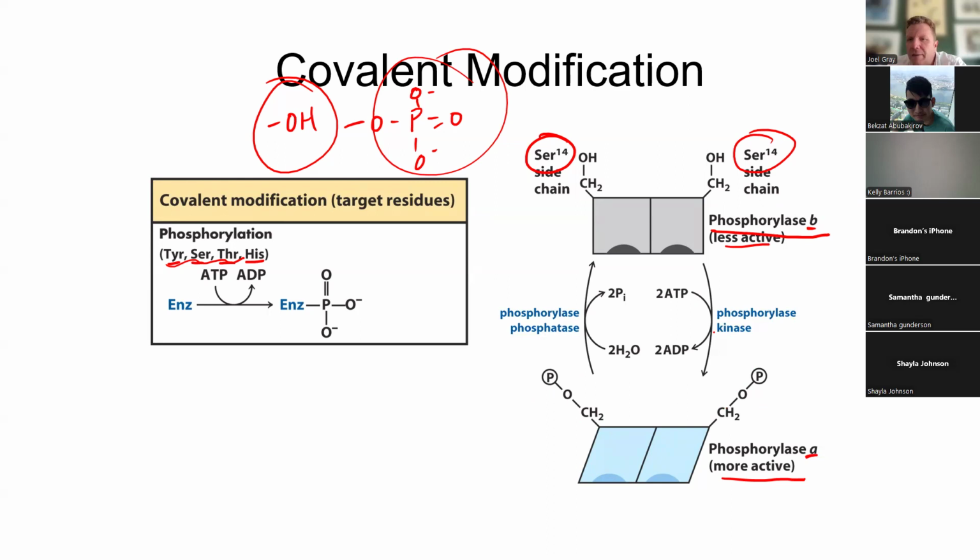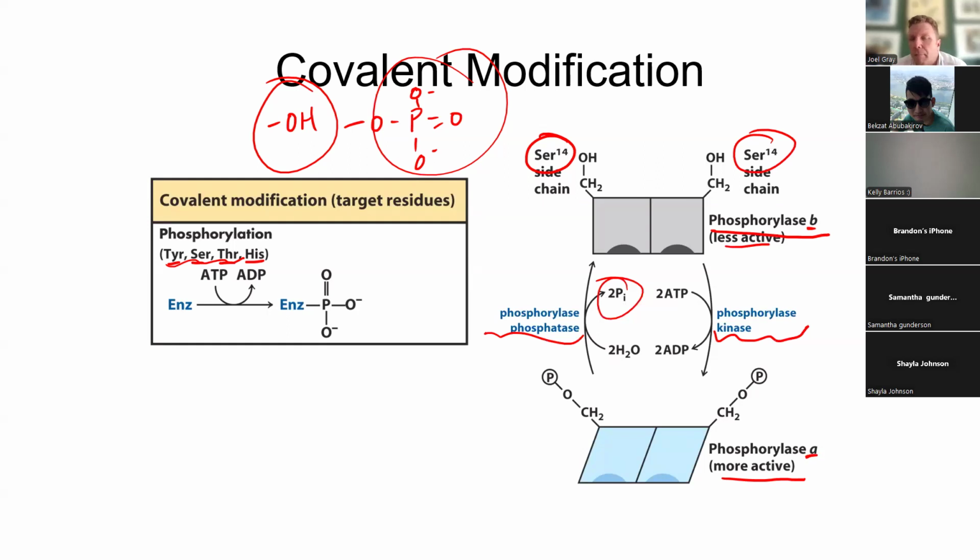Now, the enzyme that adds those phosphate groups is phosphorylase kinase. Phosphorylase phosphatase does the reciprocal action by removing those phosphates and releasing them as inorganic phosphate. So what I want you to think about, and be able to answer with respect to questions pertaining to this, is that the addition of a phosphate is more than likely going to activate a protein.